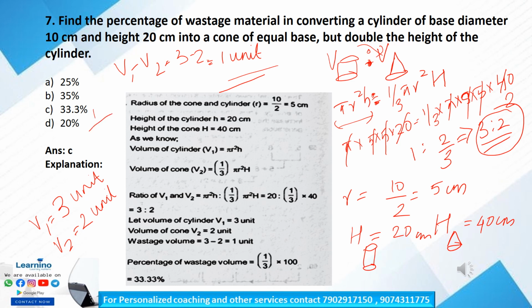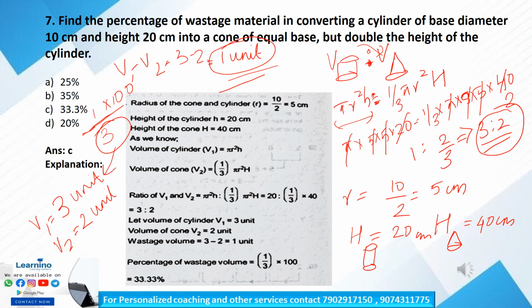1 by the total, the total unit is 3, because the cylinder is converted into the cone. So the wastage volume is 1 unit, and the wastage percentage is 1 unit divided by 3 into 100, where 3 units is the volume of the cylinder, isn't it?